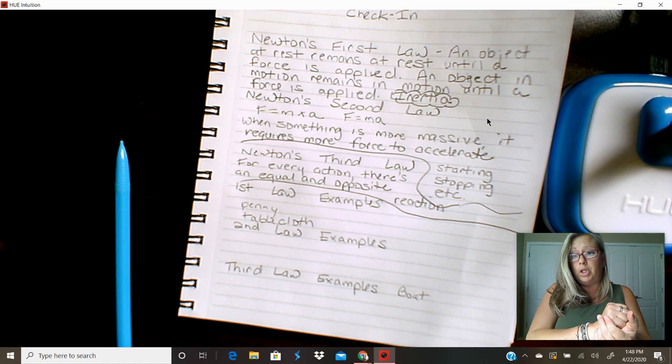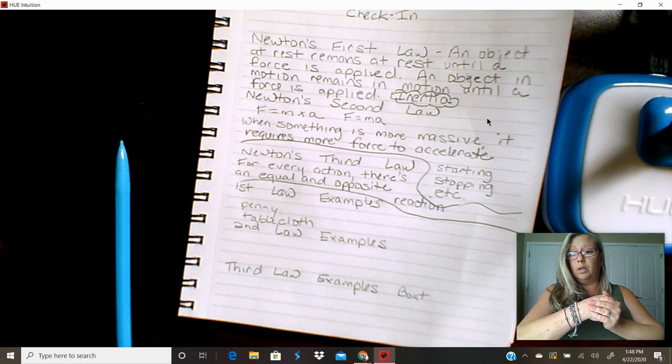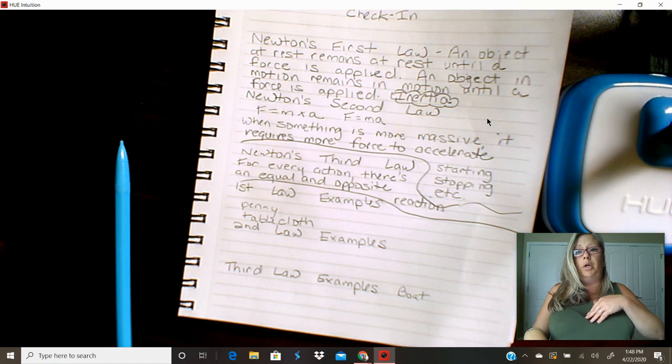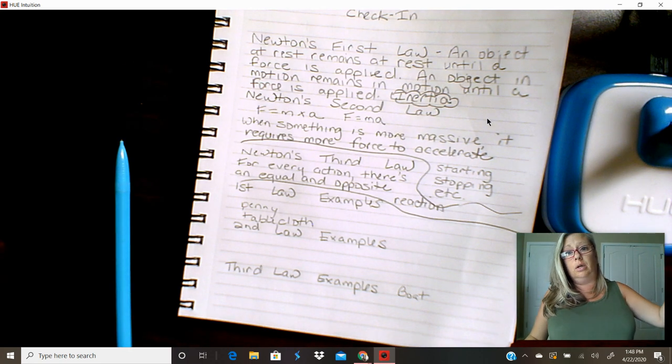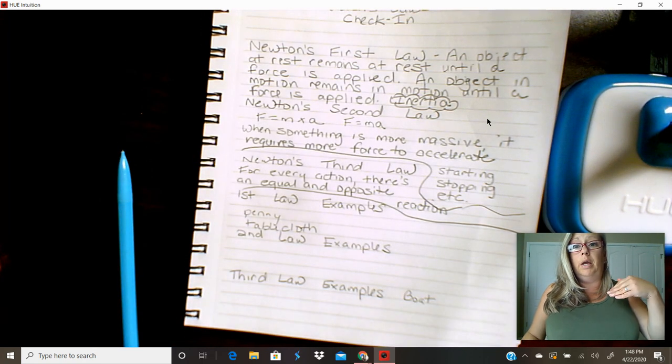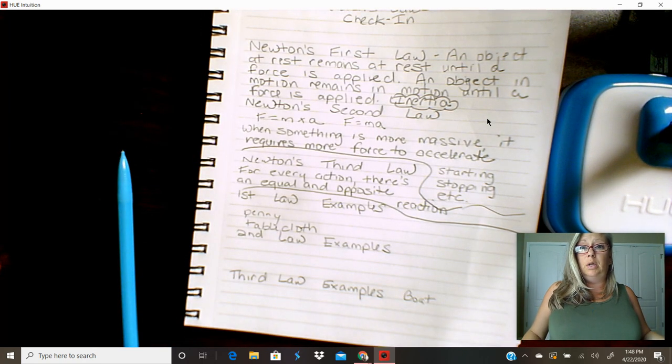That's the law of inertia. When you hit the brakes on the car, there's no brakes on you, which is why you wear a seatbelt to hold yourself in. If you don't wear your seatbelt, you're going to go flying and hit the windshield. That is an example of Newton's first law, the law of inertia. You want to keep on moving, but the car has stopped.